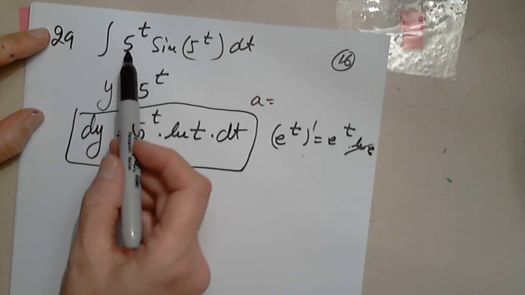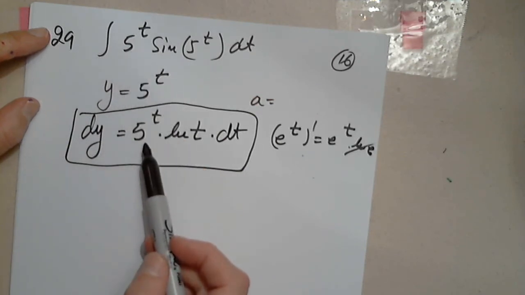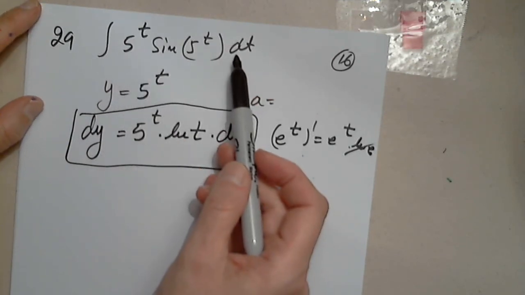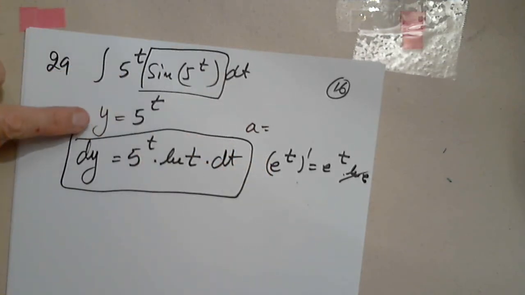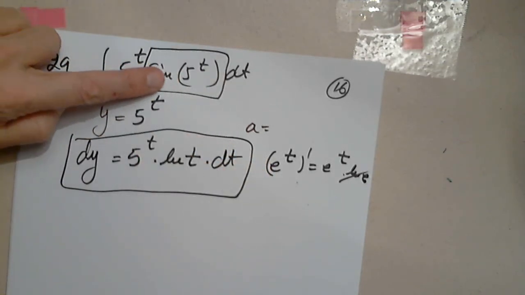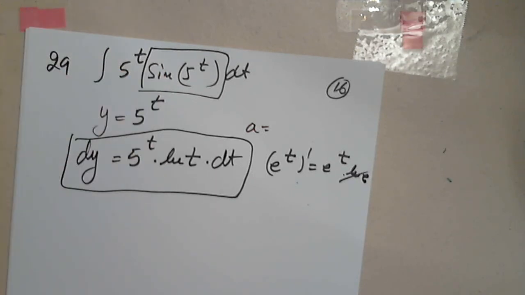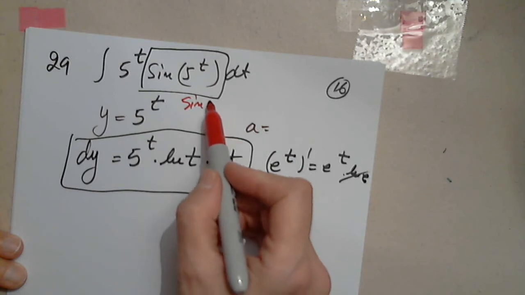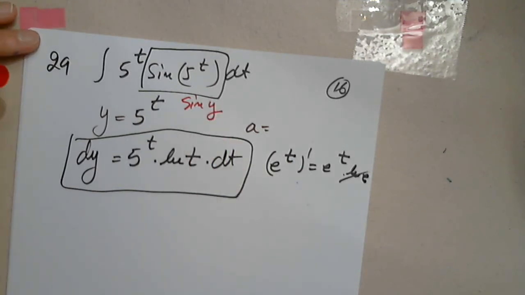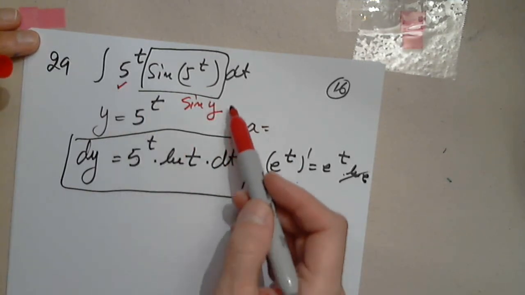Okay, I have 5 to the t, I have dt. This piece will definitely change into what? Sine of y. Excellent. So now this piece is there, this piece is there.